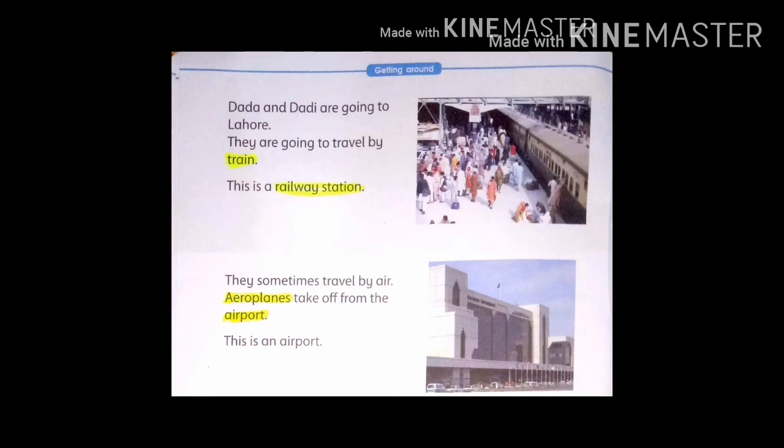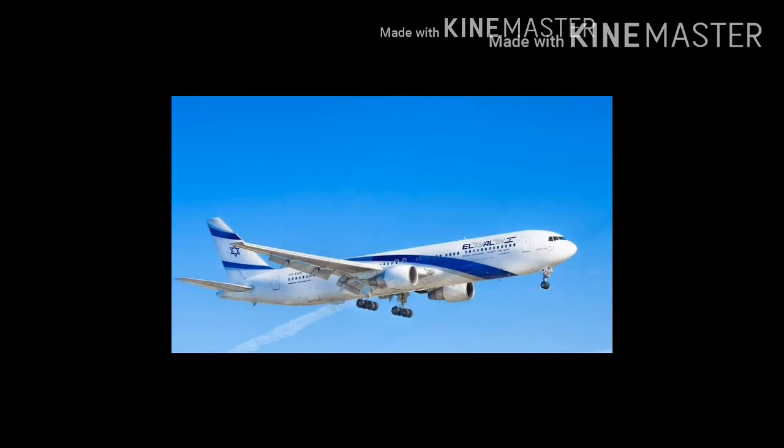Next paragraph is they sometimes travel by air. Aeroplanes take off from the airport. This is an airport. So you can see in this picture, this is the picture of an airport. So aeroplane is also one of the modern means of transport.